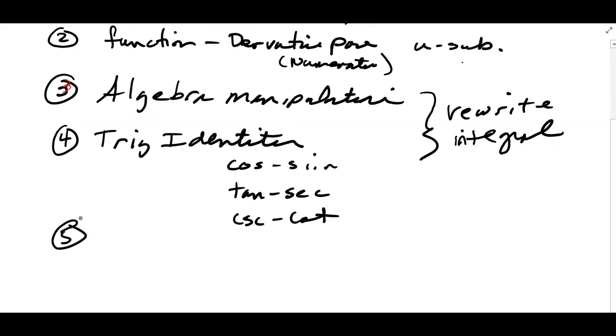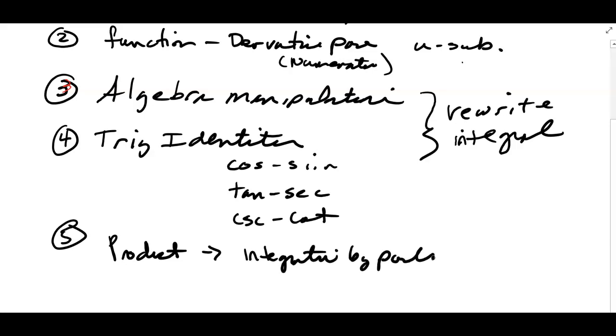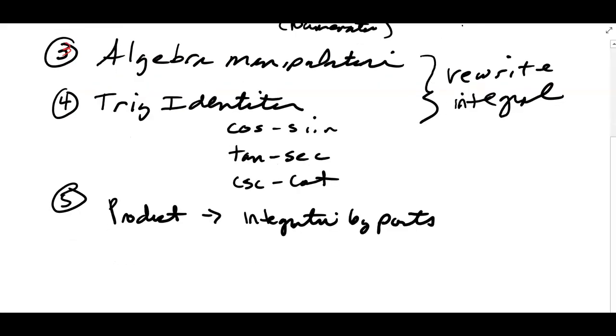Always, if you have a product, can I do integration by parts? As long as the one you set to dv integrates into something so much easier than what you had, this integration by parts works really nice.